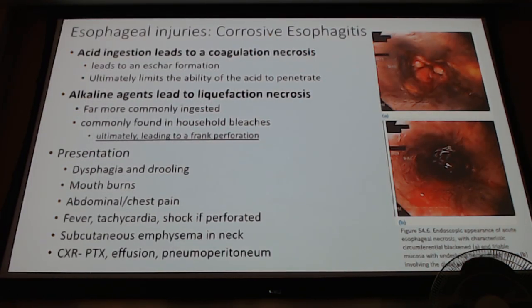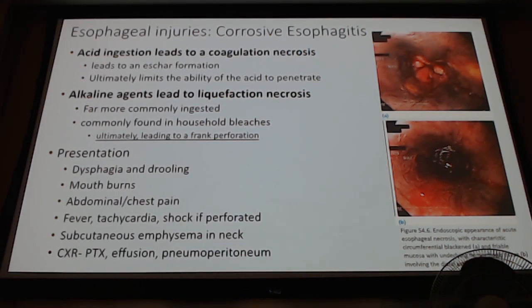Alright, leading into corrosive esophagitis, just further into esophageal injuries. Biggest thing is acid leads to coagulation necrosis, which actually leads to an eschar formation. Ultimately, it really limits the ability of that acid to get through the rest of the tissue.